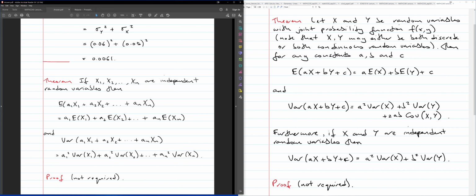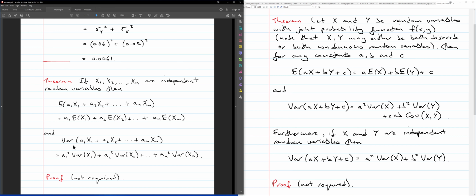If c is equal to 0, the variance of ax plus by is equal to a squared variance of x plus b squared variance of y. So notice inside here you have a sum ax plus by, and likewise over here you have this linear combination a1 x1 plus a2 x2 up to an xn. The form inside here is similar to the form inside here. And what's the variance of this linear combination? It's a squared variance of x plus b squared variance of y.